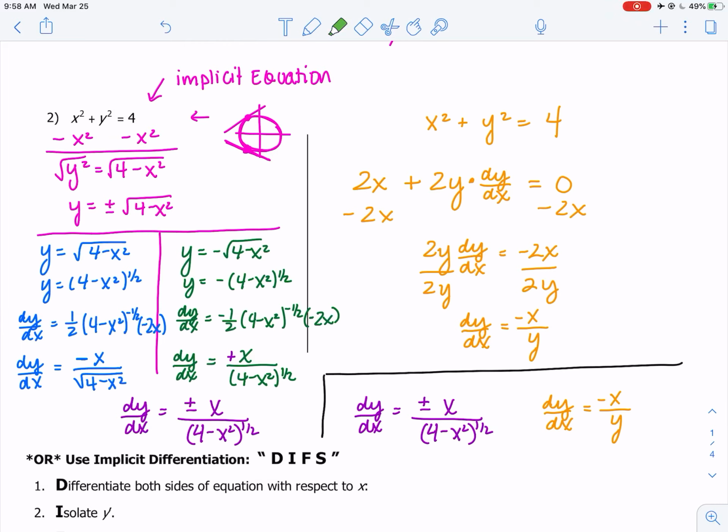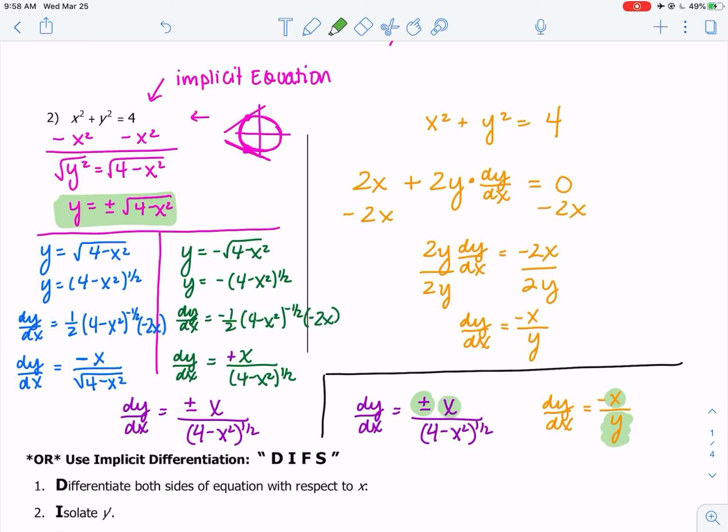Well, if we take a look here, notice that we have the x on top, right? So that seems to match. If you take a look at the bottom here on the right-hand side, notice that you have a y. If you look at how we solved for y on the first side, we have y is equal to plus or minus the square root of 4 minus x squared. Well, guess what?